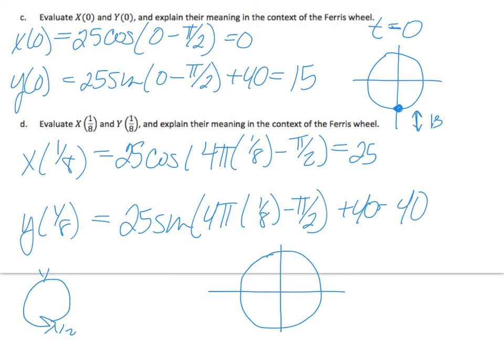This would be a quarter of a minute, and here would be 1/8 of a minute. So we're right there. That is a quarter turn. The co-height of the car is 25, because that is our radius, and the height of the car is 25 plus 15, which is 40. That means the car is at the 3 o'clock position.